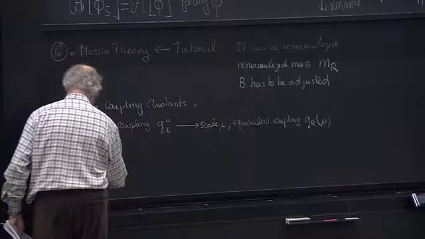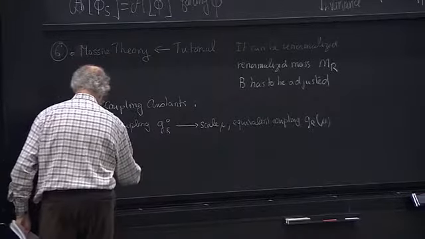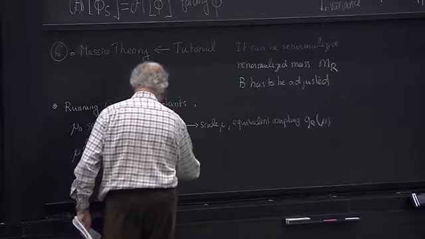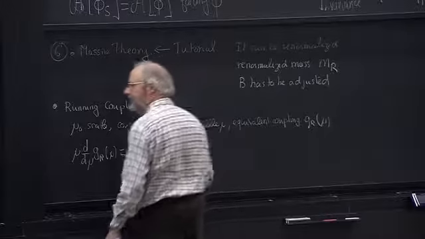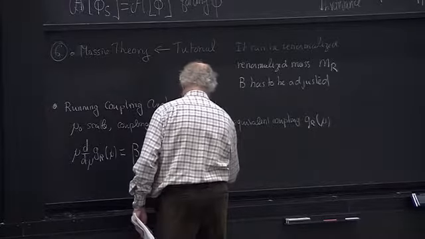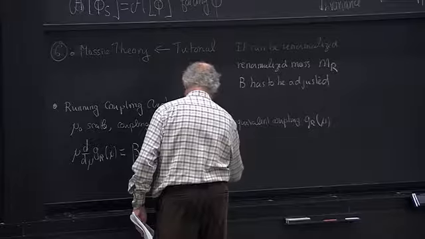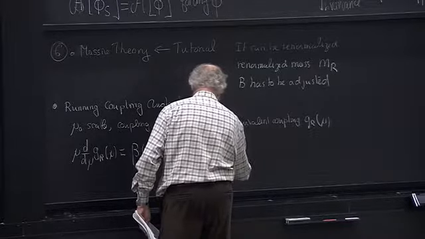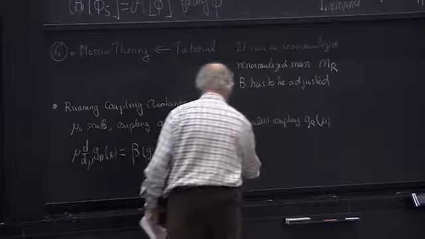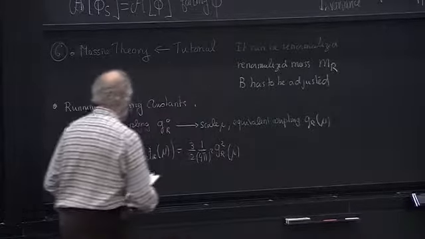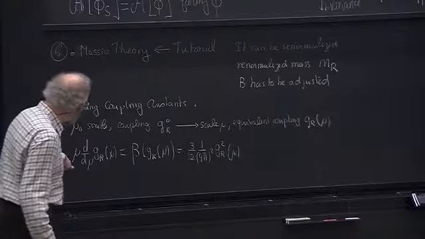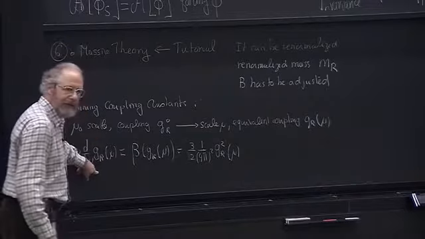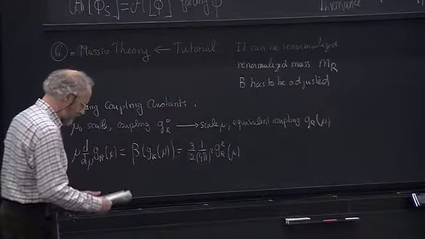I just have to integrate this equation, mu d/dmu of g_R of mu equals beta of g_R of mu, which for the phi-4 theory is this coefficient, 3/2 times 1 over 4 pi squared, times g_R squared of mu. This differential equation is easily integrated if you express it in terms of 1 over g_R, because then it becomes a linear differential equation.